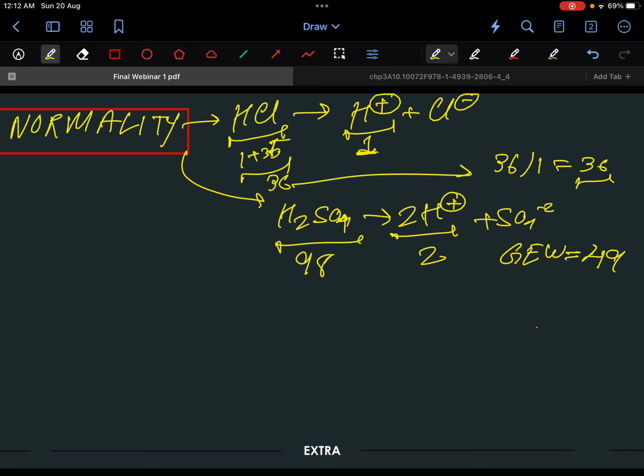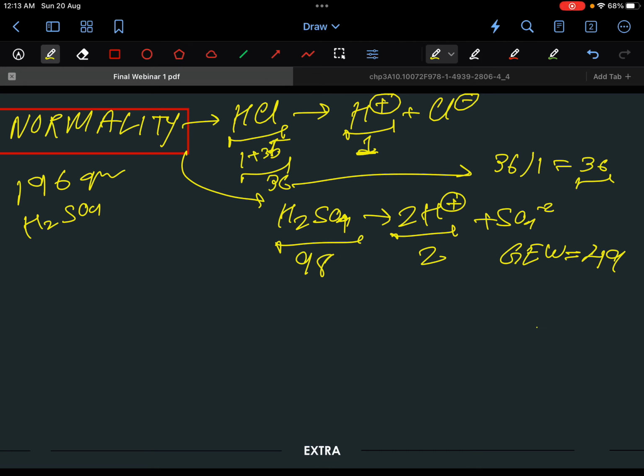Now, what is the number of gram equivalent? Suppose it is given that 196 gram of H2SO4 is given. In 196 gram, how many gram equivalents are present?